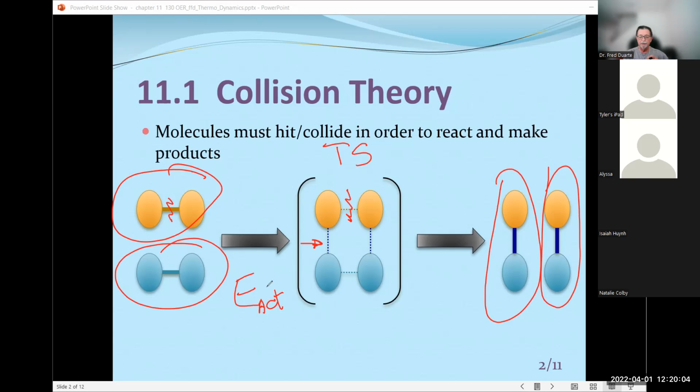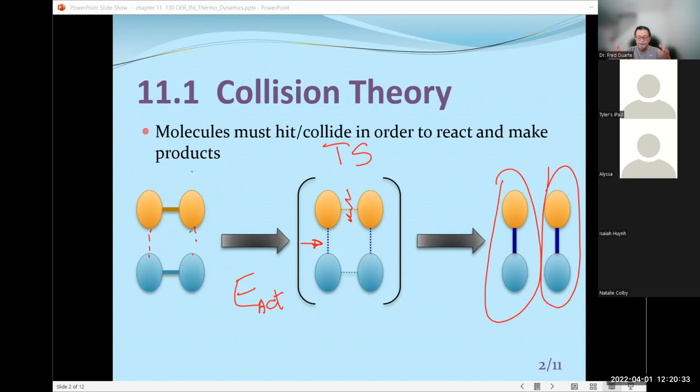Now, the other aspect you can see from this diagram is, if we look at the reactants, they have a very specific orientation. Notice that? They have to orientate themselves in a specific way, otherwise the reactants won't come together just right to form products.